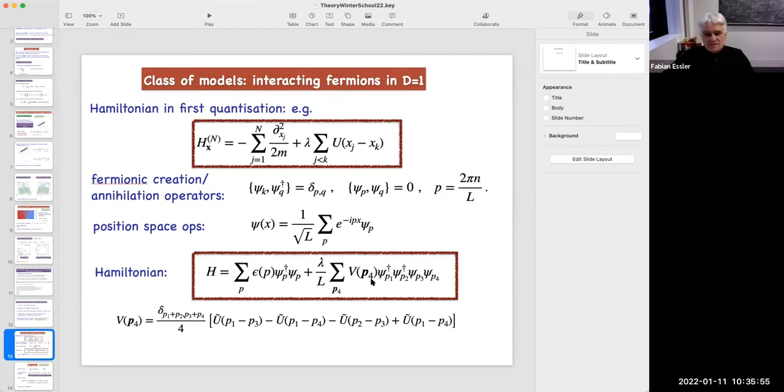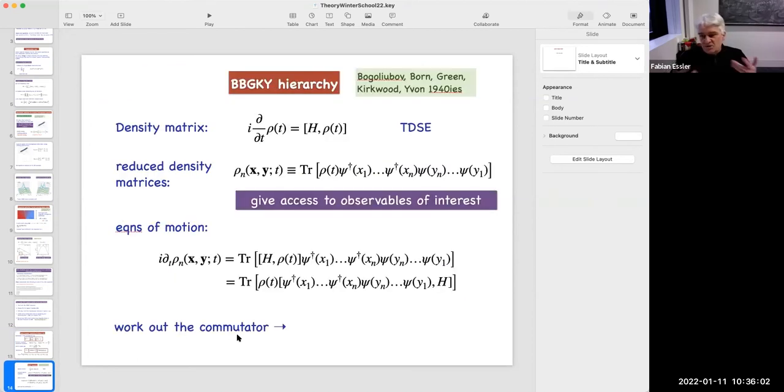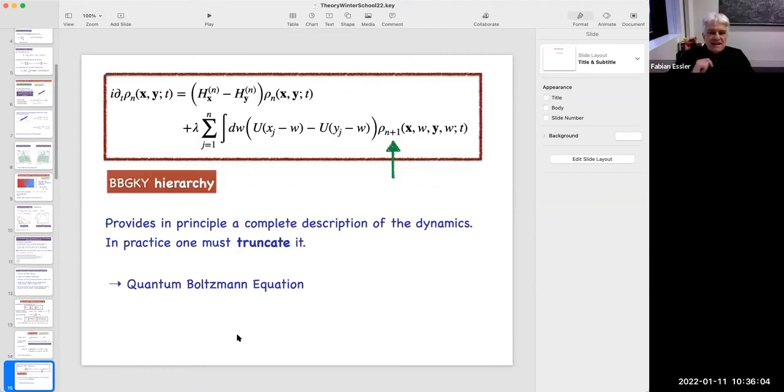And this commutator you can easily work out using these canonical anti-commutation relations. So that's completely straightforward, and that gives you this celebrated BBGKY hierarchy. So really quite simple. What it is: the time derivative of the nth reduced density matrix gives you a term that's proportional to the n particle reduced density matrix.